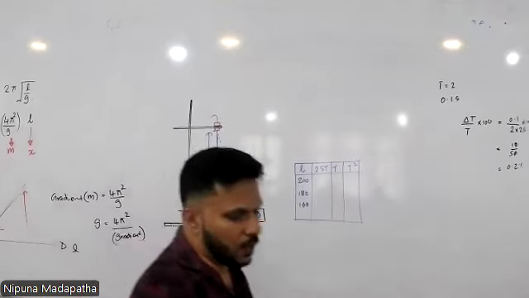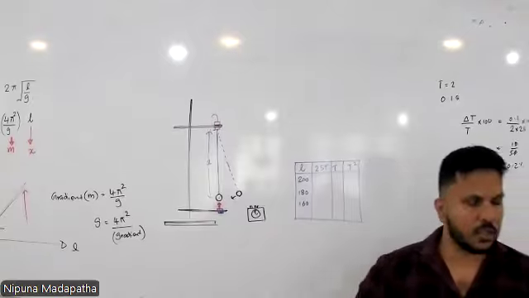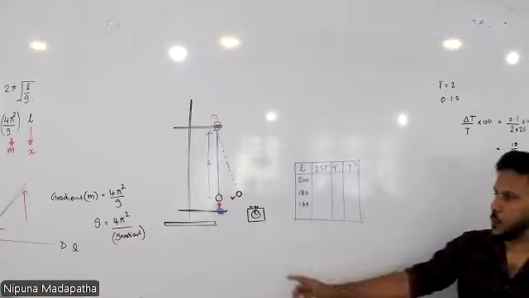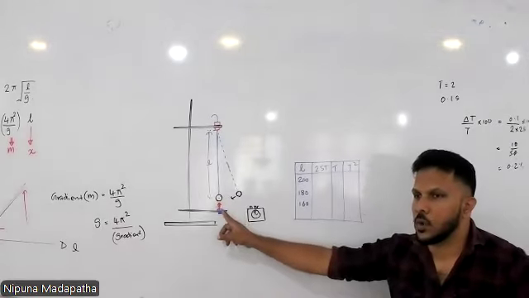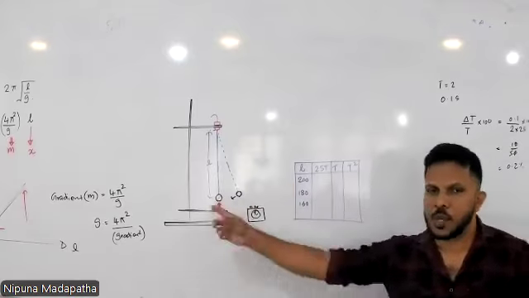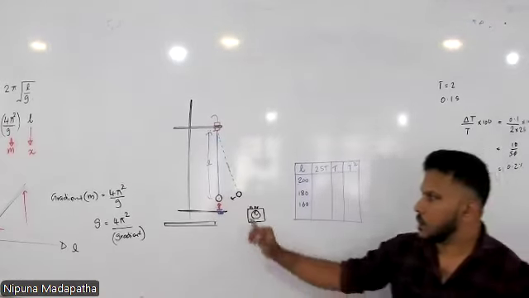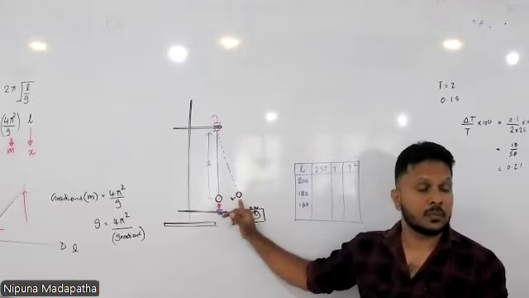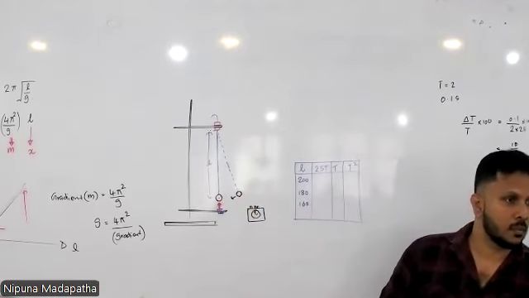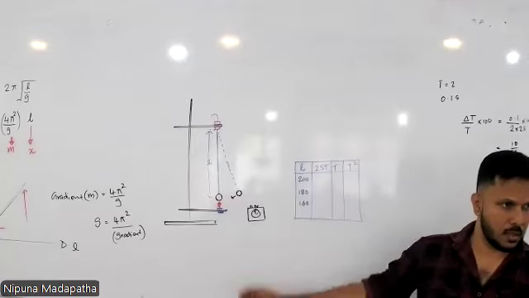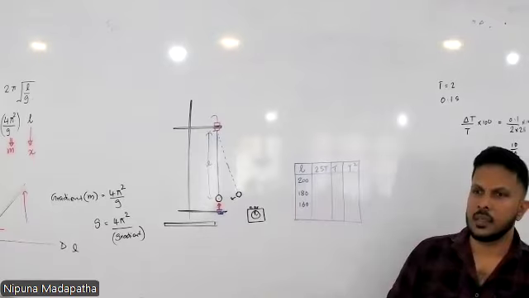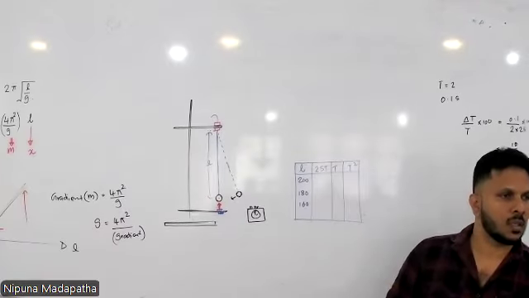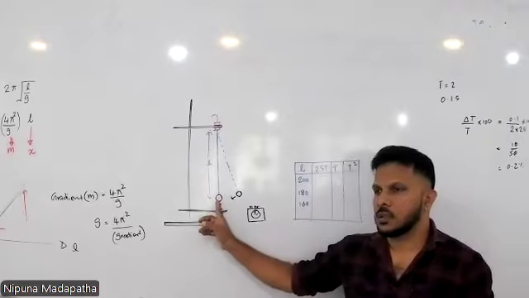So what are the important or special things we need to discuss here? Why do you place this reference pin right at the bottom of the path of this pendulum? Why can't we place it somewhere here? What is this position?